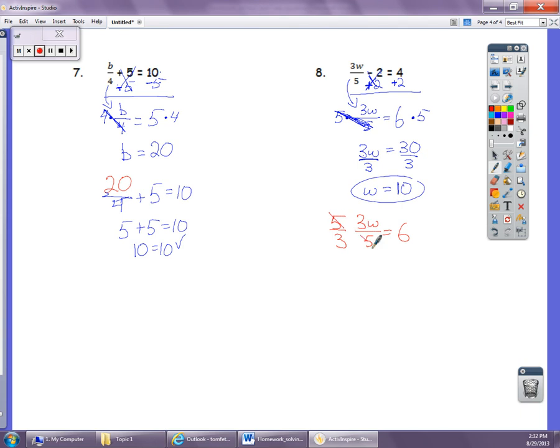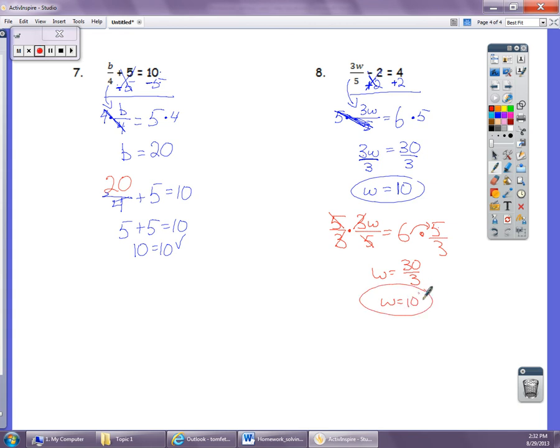So the 5's are going to cross off, and the 3's will cross off. So if we do the reciprocal, that means we do 5/3. And when we do this, we just do 6 times 5 divided by 3. So we get w equals 6 times 5, which is 30, and 30 divided by 3, which is 10.